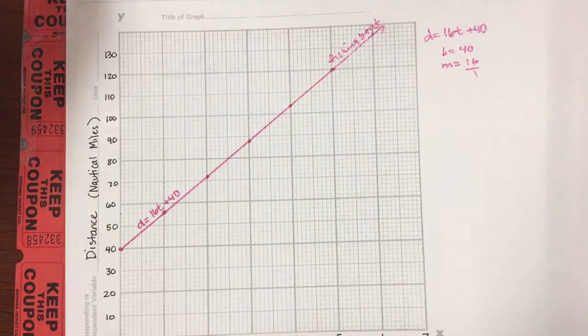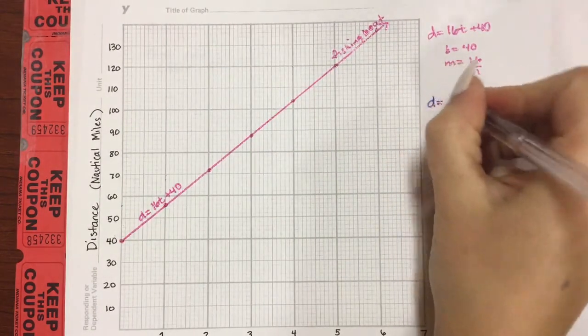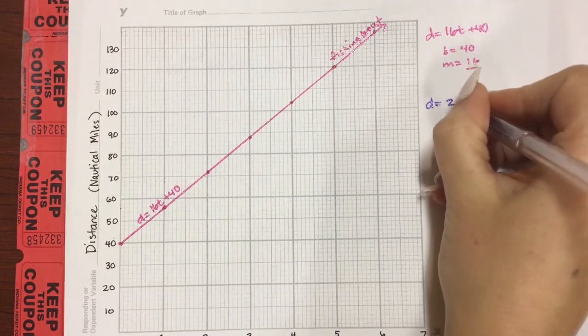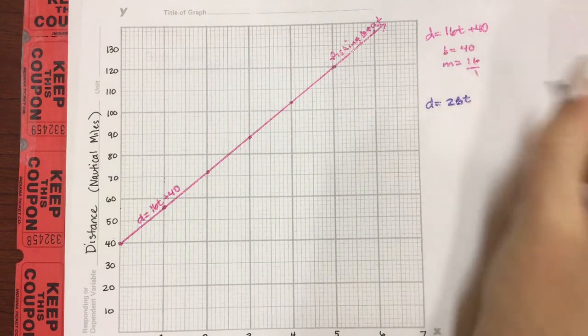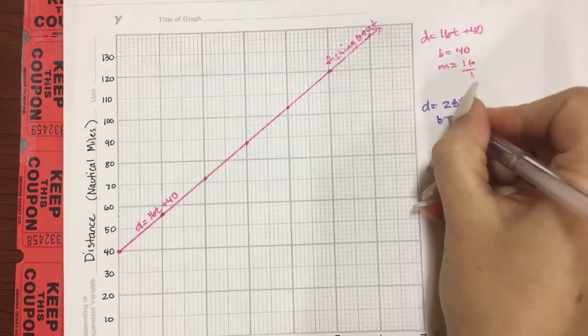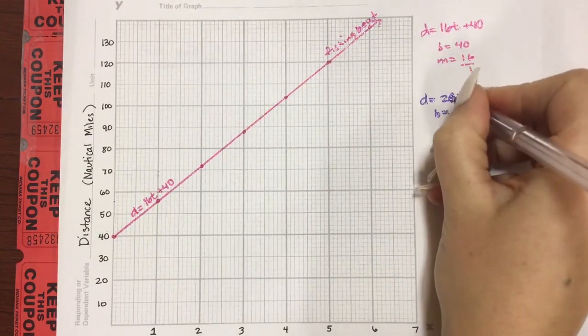Okay, let's go ahead now and graph what's going on with the Coast Guard, which is D equals 26T. And that is where the y-intercept is 0, which means that this is a direct variation, which is nice.